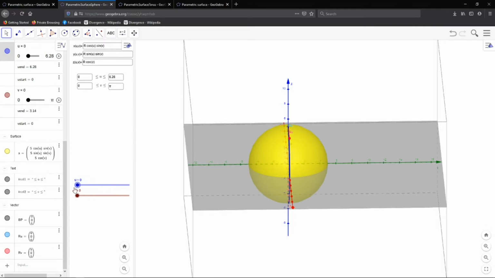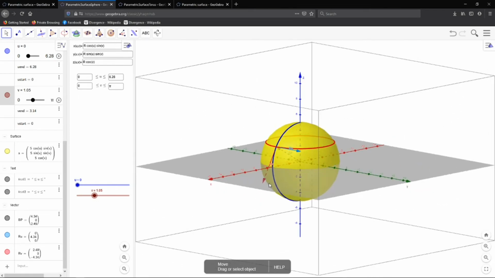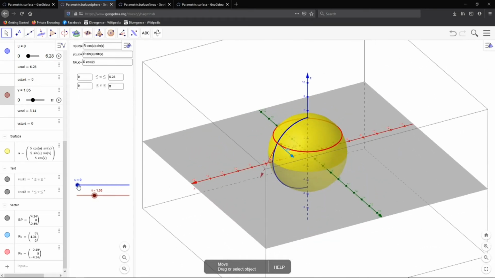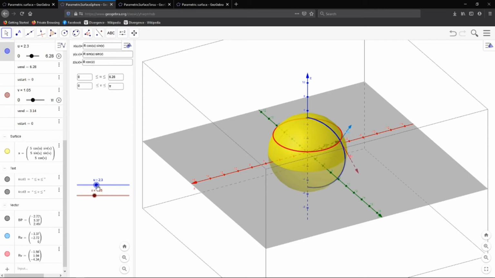And likewise, if we look at u, we'll do it for a larger fixed value of v, a little bit lower. The partial derivative ru of the position vector with respect to u is giving us a vector that's tangent to the surface in the direction of increasing u.